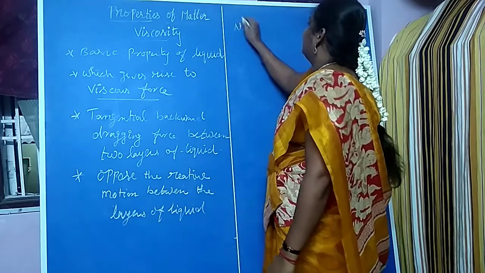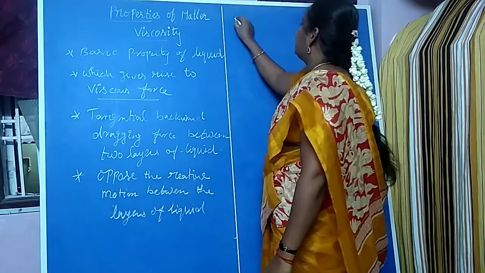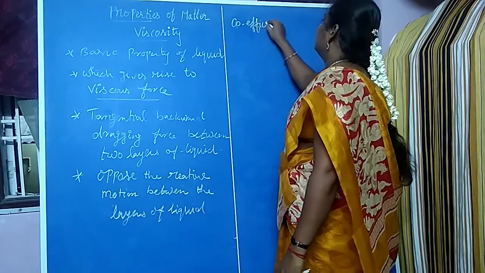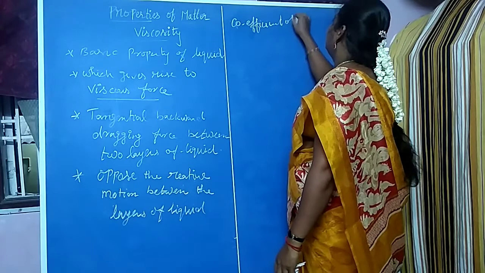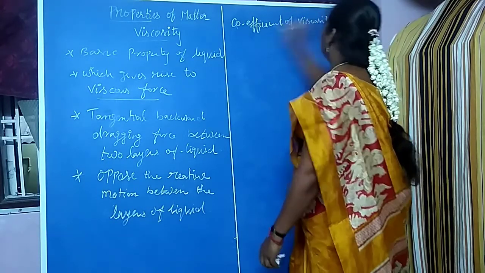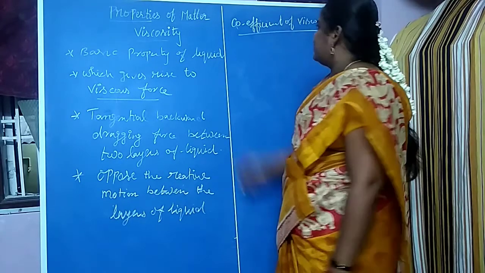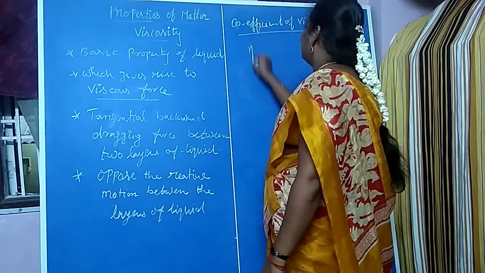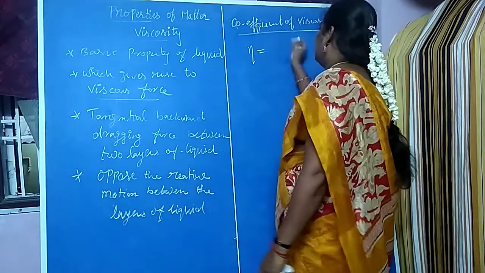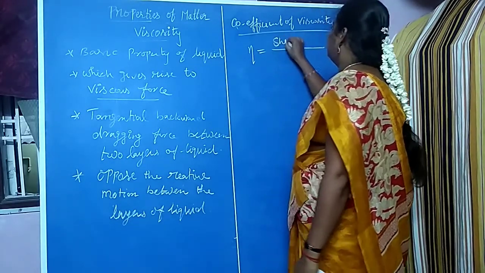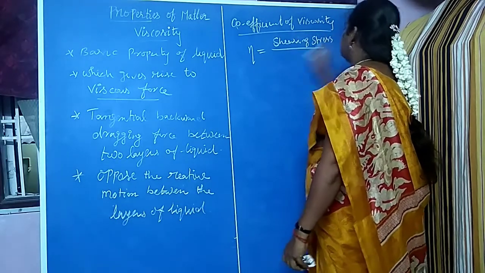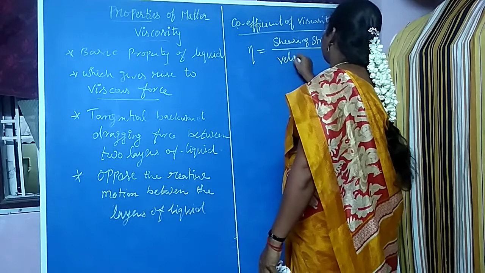Now, we can see about the coefficient of viscosity. It is usually represented by the letter eta, which is equal to the ratio between shearing stress to velocity gradient.